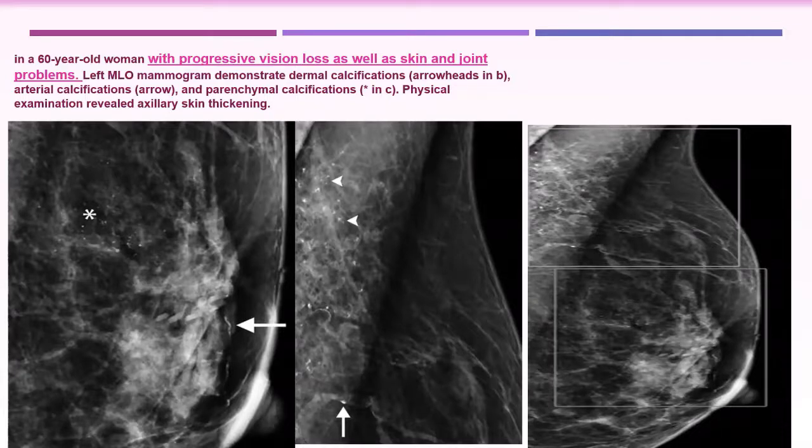Her breast demonstrates parenchymal, skin and vascular calcifications, and she has skin thickening. She has a problem related to the elastic fibers of the skin as well as of the orbit. Okay?